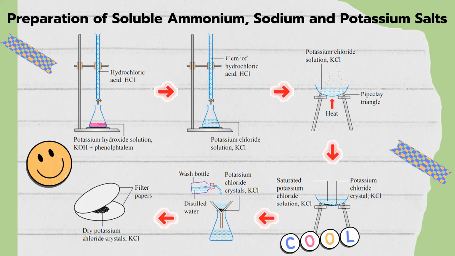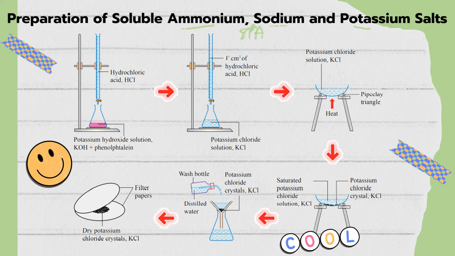This is the method to prepare a soluble salt for SPA, that is, sodium, potassium, and ammonium salts. For example, ammonium chloride, sodium sulfate, and potassium nitrate.